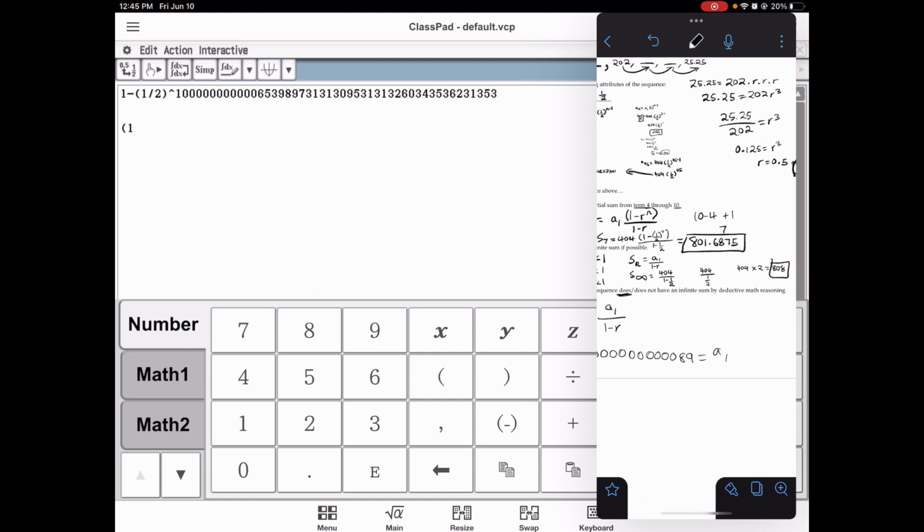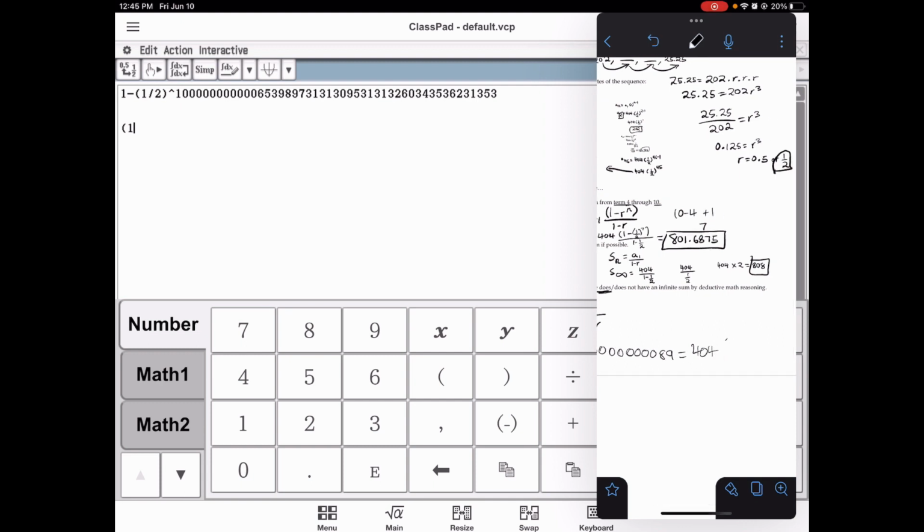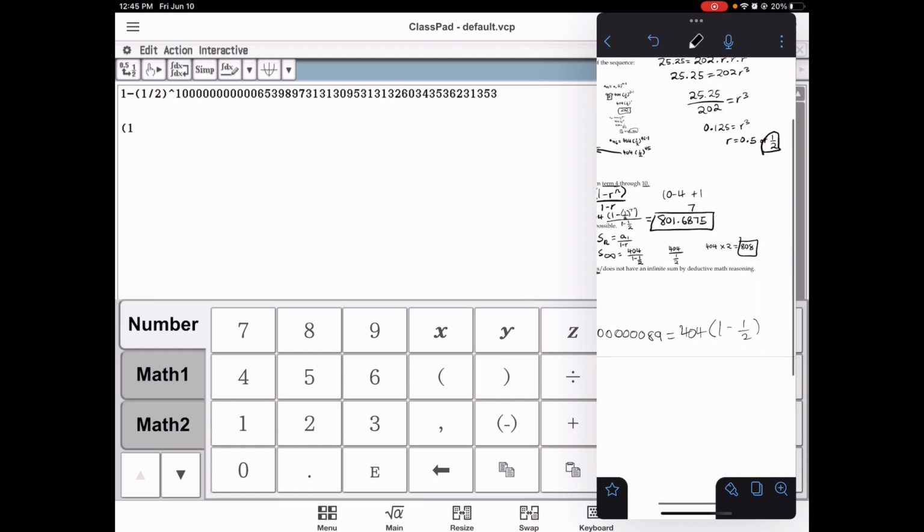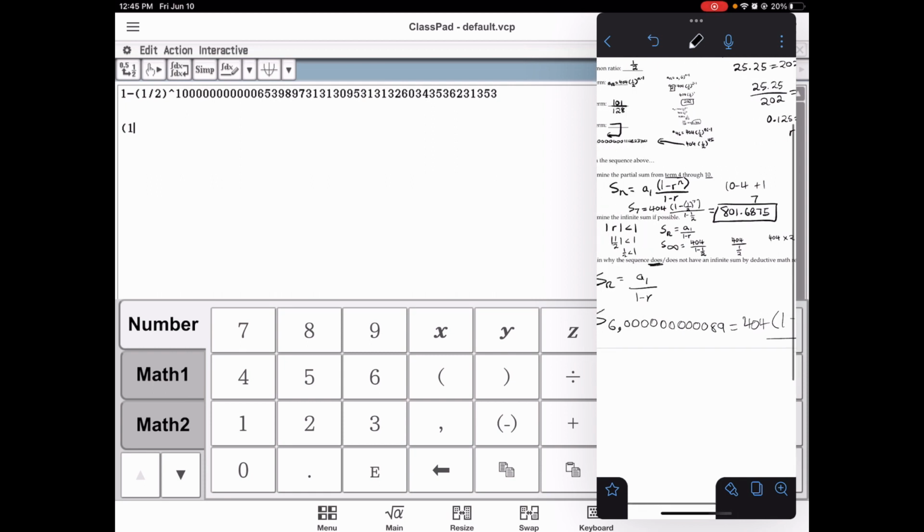So let me just plug this into my calculator. So a1, we already know that's 404. And then 1 minus r, which is 1/2, to the n, which is this big number right here. So I'm not going to bother to write it down here, but I will do it in my calculator.